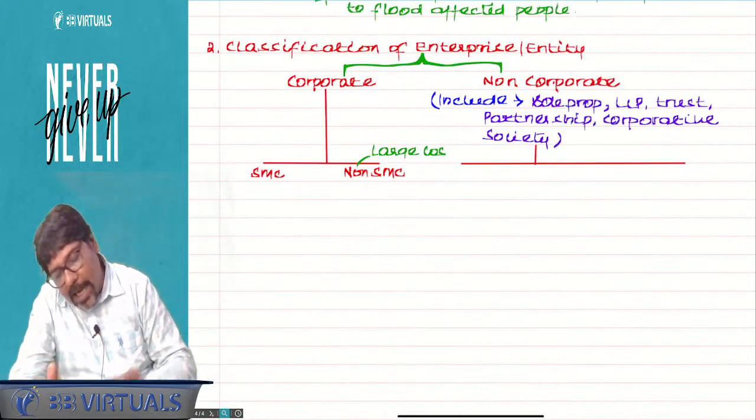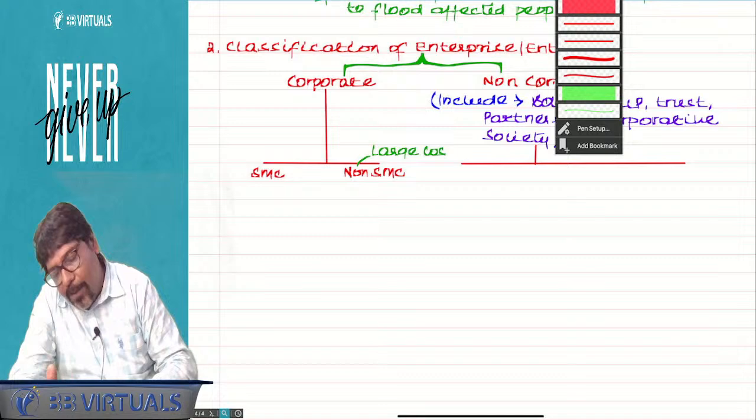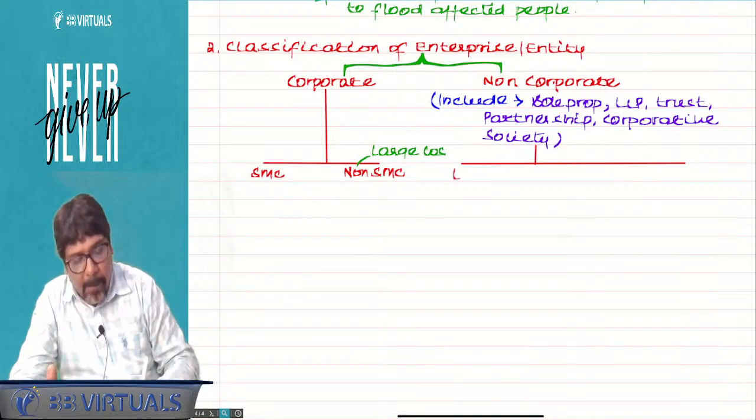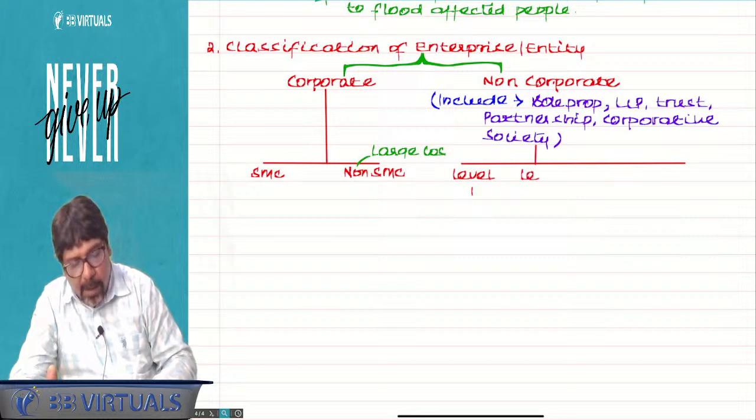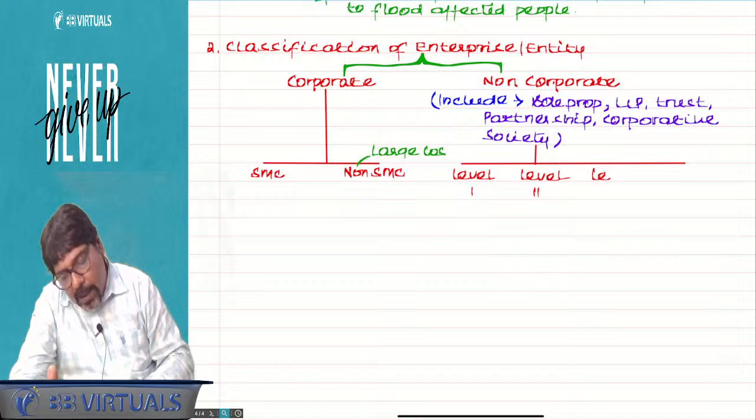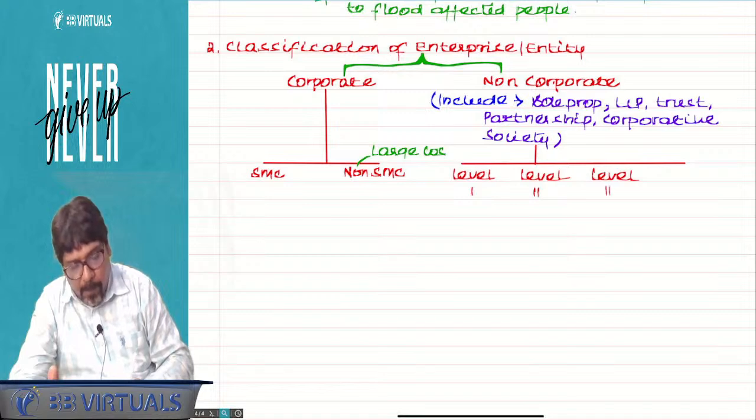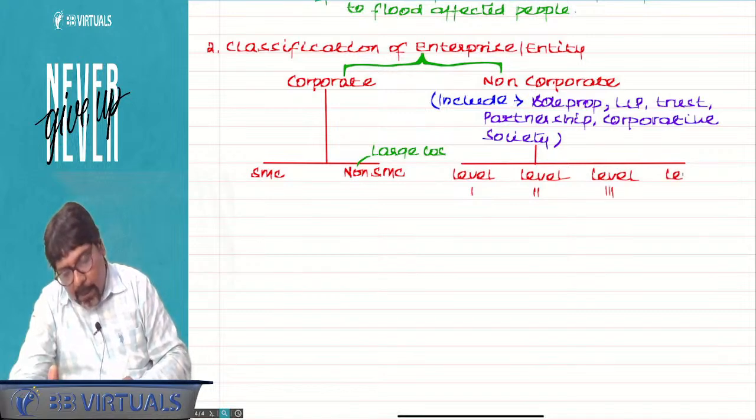Now chartered, and this is divided into 4 parts: level 1, level 2, level 3, level 4.